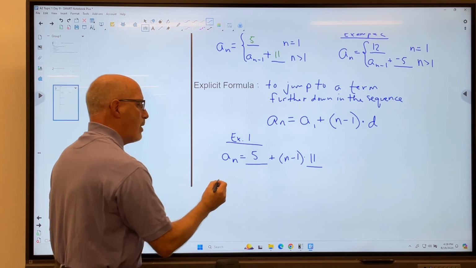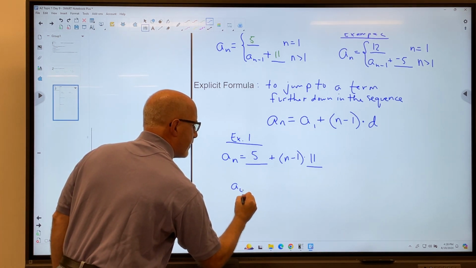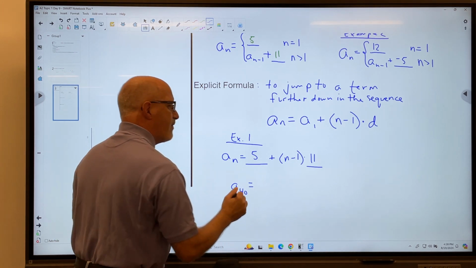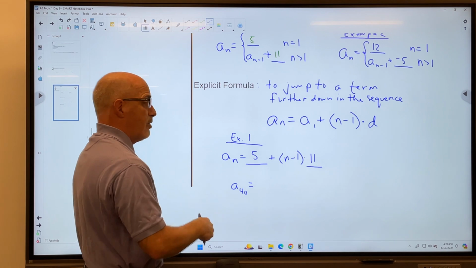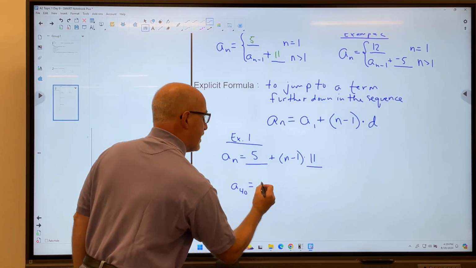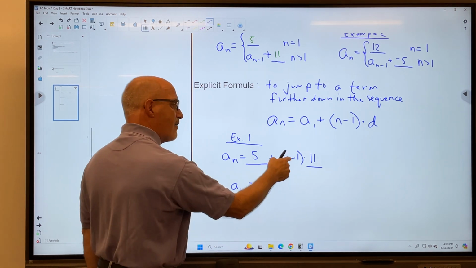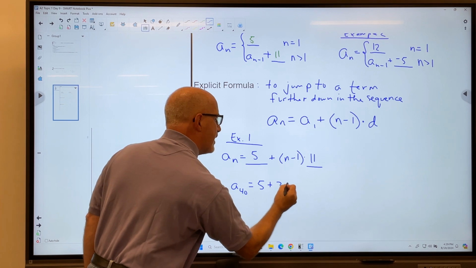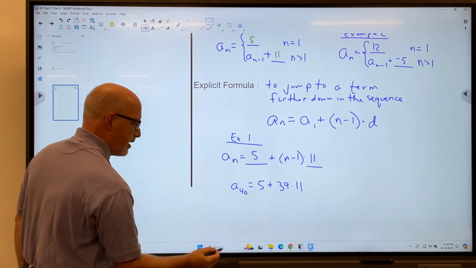So let's say you want to find a sub 40. I'm going to find the 40th term in this sequence. Well, you'd have to add on 11 a lot of times to get there, or just use this explicit formula. 5 plus what's 1 less than 40, that's 39, and then multiply by 11. So let's do that on our calculator.